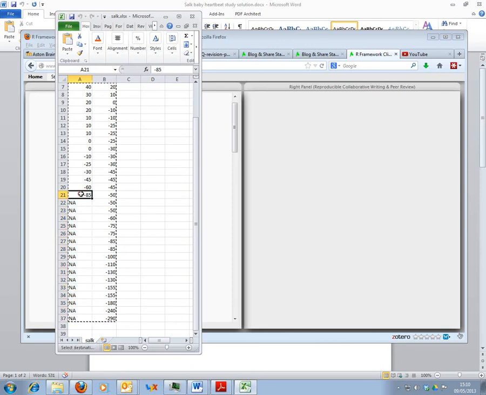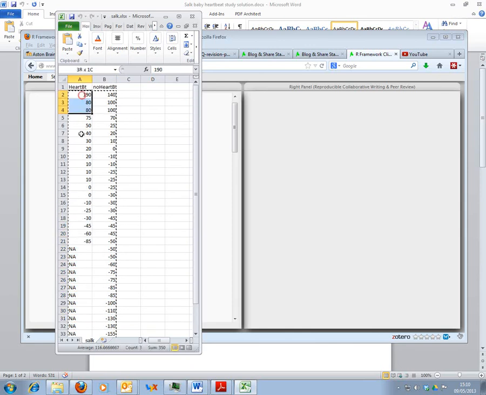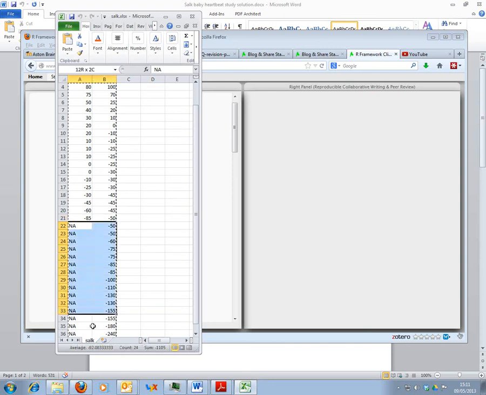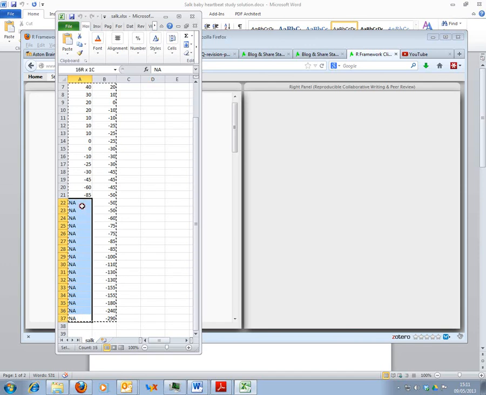There were 21 or 20 babies who listened to the heartbeat, and there's more than 20, 36, who were in the no heartbeat group. Okay, you might be tempted just to include the same number in each group, but this not available thing means that we're able to include unbalanced data, so we can have 36 in one group and 21 in the other group. So we should include all the data, including the not available tag.